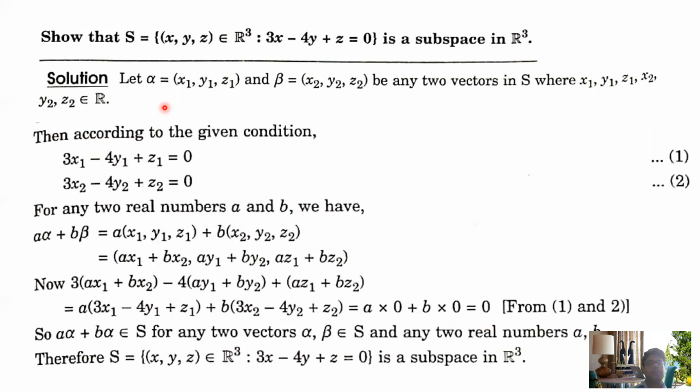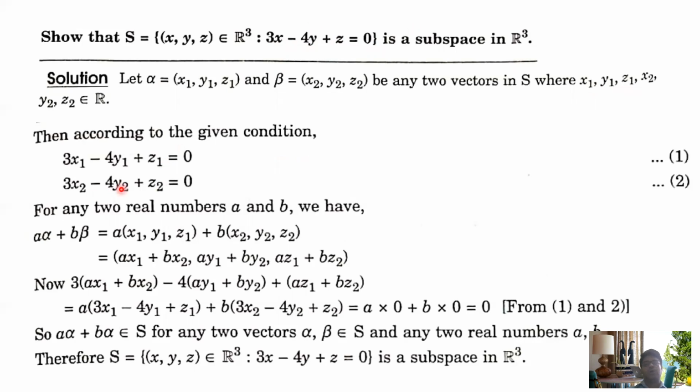Okay, now you check a same type of question: S equals x, y, z belonging to R cube, such that 3x minus 4y plus z is equal to 0, is a subspace of R cube. Same way, let alpha equals x1, y1, z1 and beta equals x2, y2, z2 be any two vectors in S. Therefore x1, y1, z1, x2, y2, z2 belong to R. When your alpha belongs to this set, that means 3x1 minus 4y1 plus z1 equals 0.